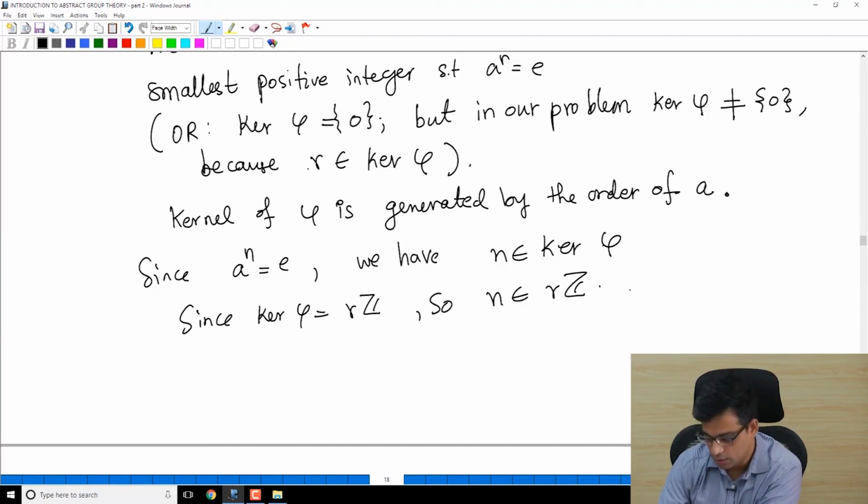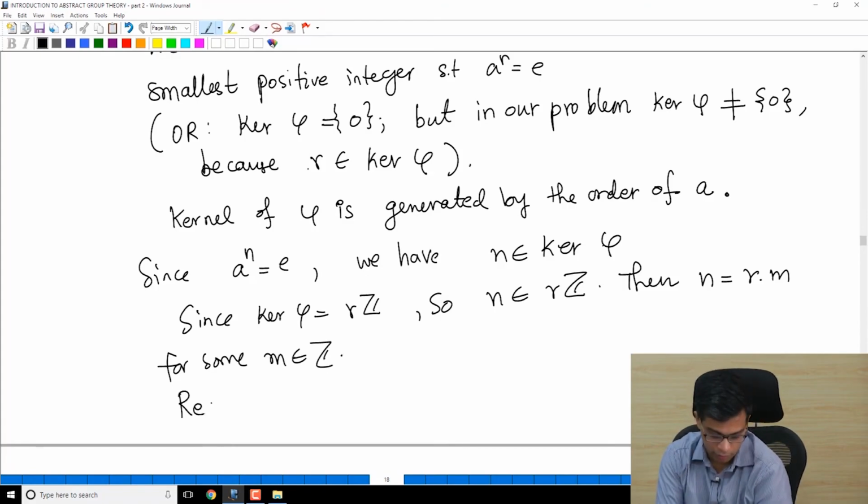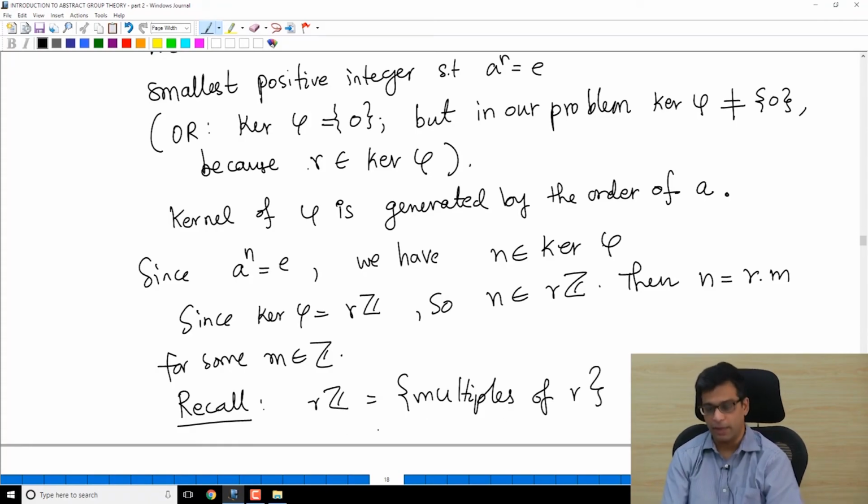What does this mean? Then n equals R times m for some m, right? Because recall, what is Rz? Rz is the set of multiples of R. It's R, 2R, 3R, -R, -2R, -3R and so on.